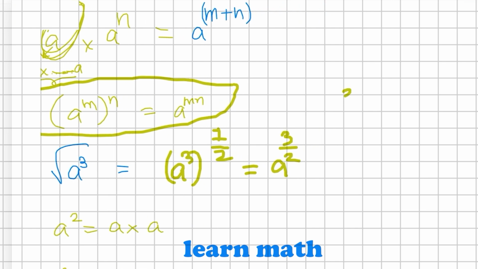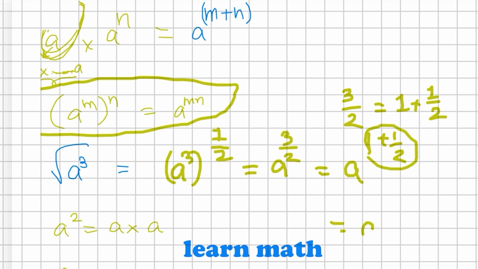Now 3 over 2 as a fraction is 1 plus 1/2. So it's like a to the power 1 plus 1 half. So a power m plus n is a power m times a power n.